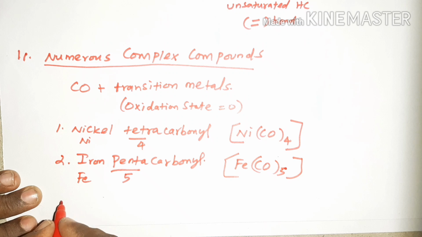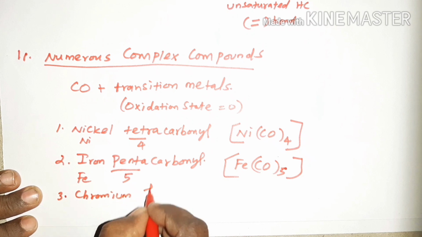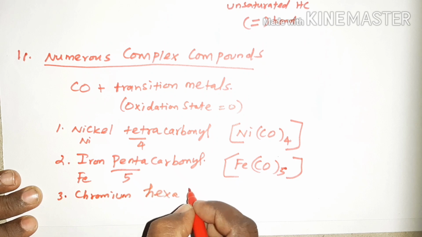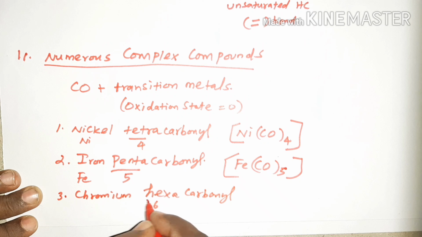The next example is chromium hexacarbonyl. Hexa means 6. Chromium is Cr.